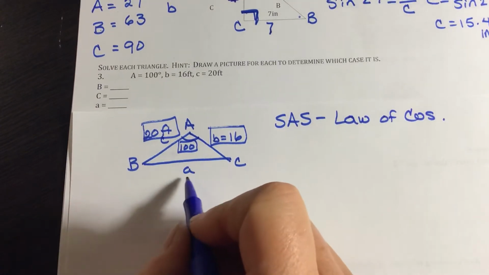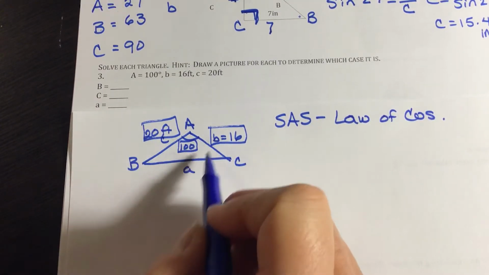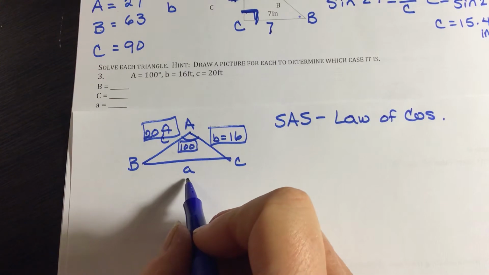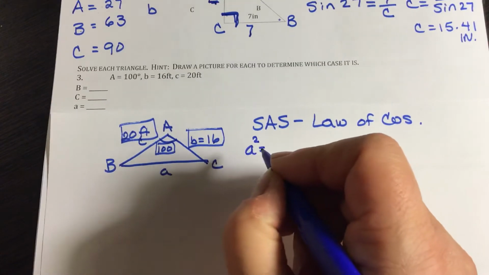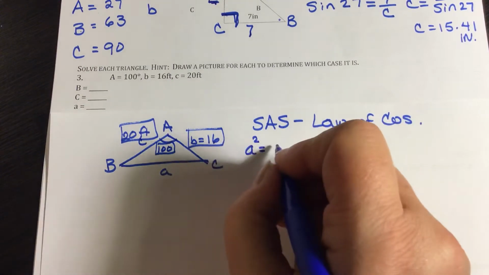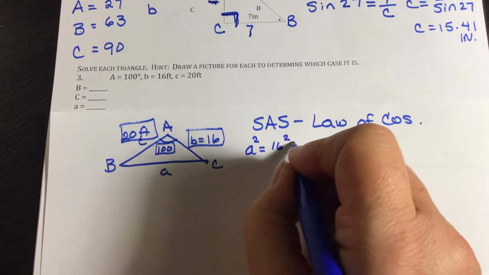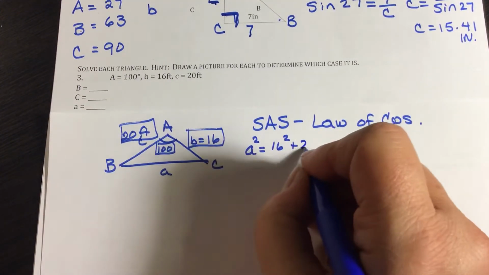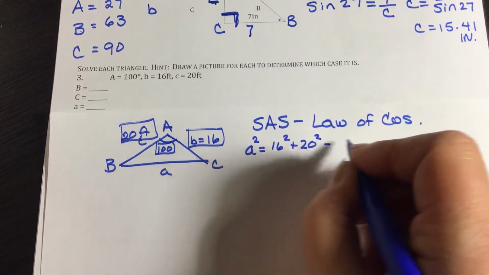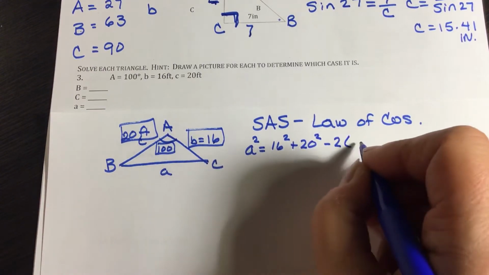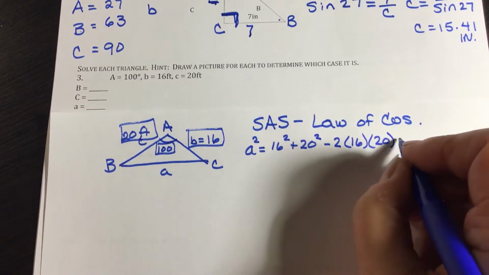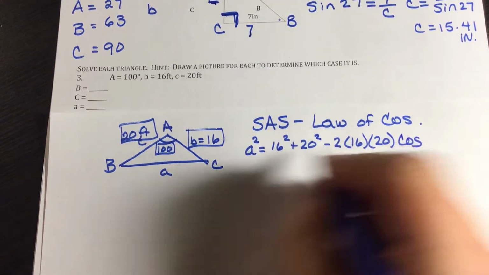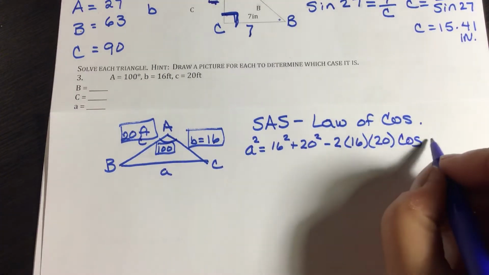All right, so let's use what I have here and find side A. That would be A squared equals B squared, which is 16 squared, plus C squared, that's 20 squared, minus 2 times 16 times 20 times cosine of angle A, which is 100.